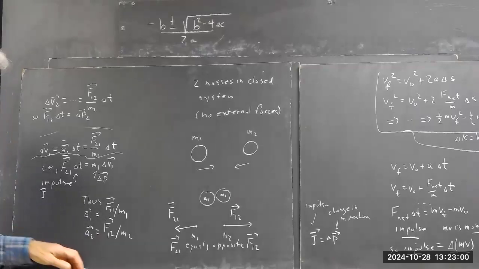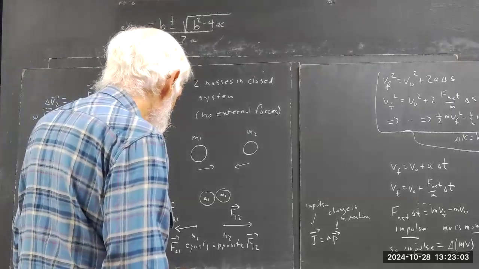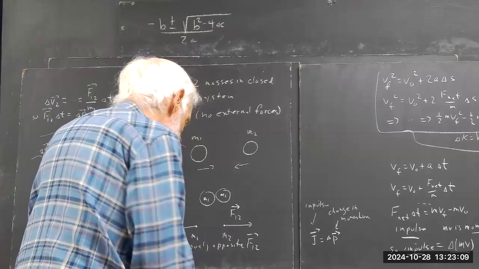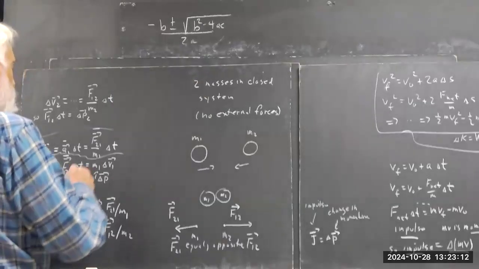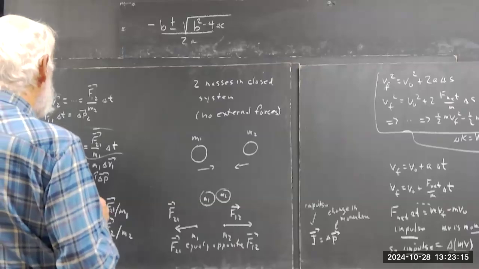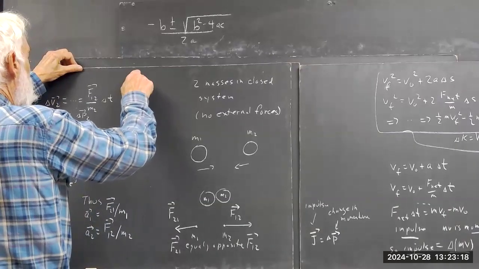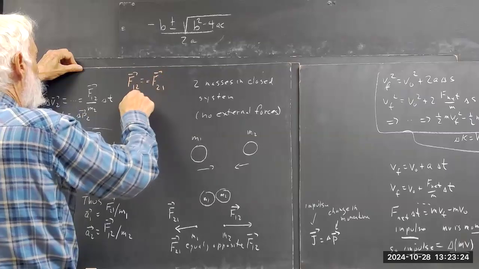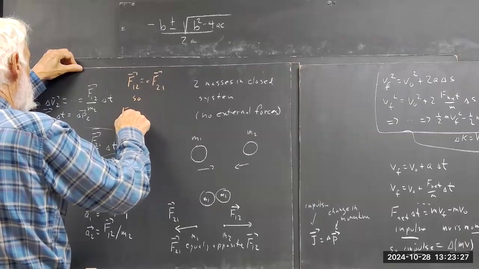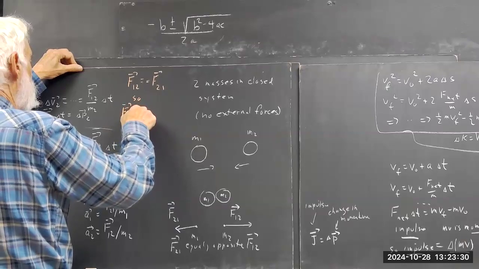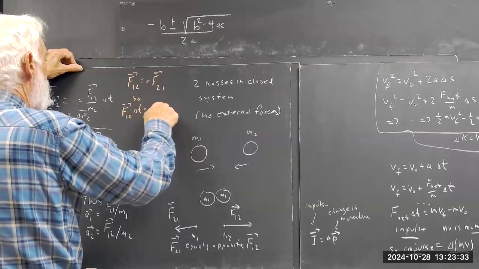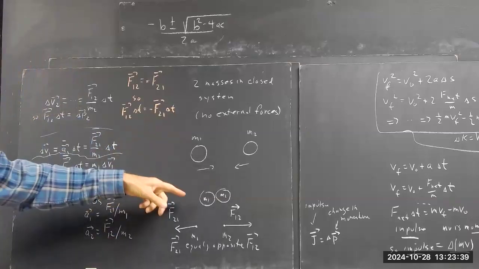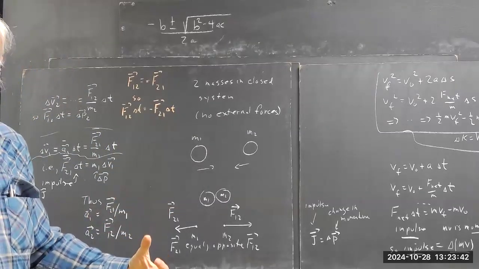This all comes together with the fact that, okay, delta T is the same for both masses because it comes from contact.